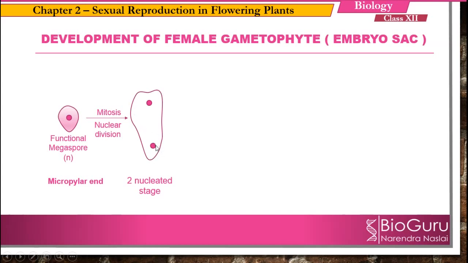But inside that, if you observe, there was only one single nucleus. Now it has undergone nuclear division, particularly of mitosis, right? So this stage is called the 2 nucleated stage. Cell is one, but inside that there are 2 nuclei. Hence 2 nucleated stage. And these 2 nuclei migrate towards opposite poles. You will find one nucleus towards one pole, and another nucleus towards the other pole.